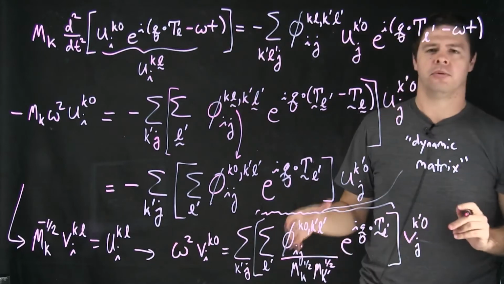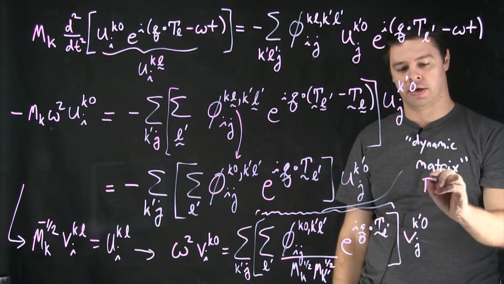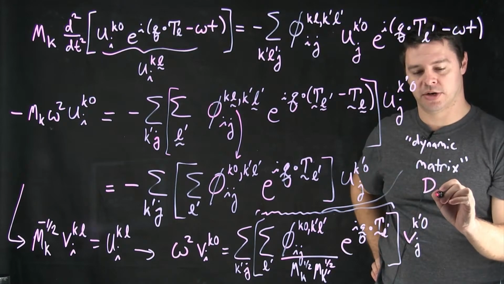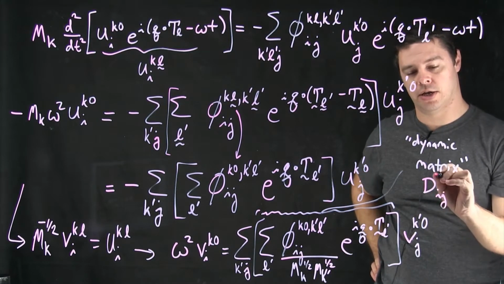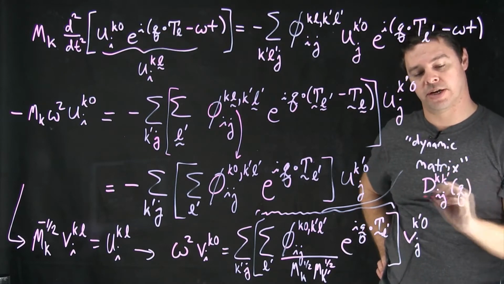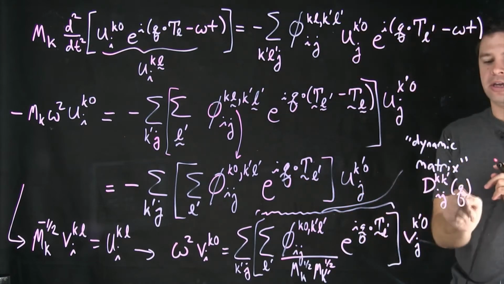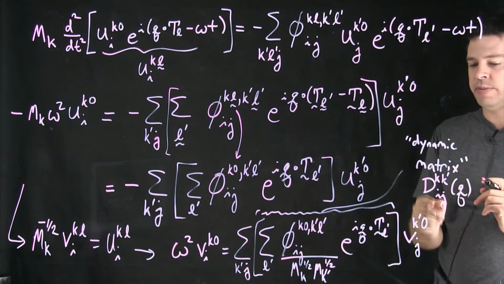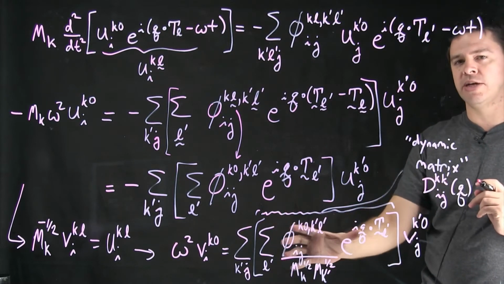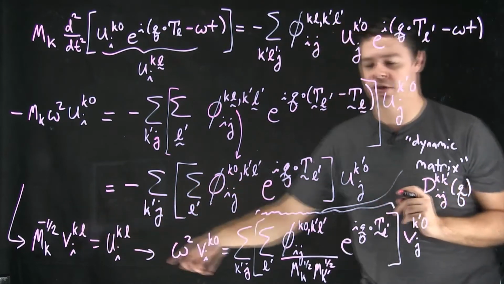So what I have here is something that I'll call the dynamic matrix. It's usually written like this. I'll write it as D_ij k k prime, and in principle that thing depends on what value of Q you take. But for a given value of Q, this is a matrix, and in fact it's a symmetric matrix, which is the reason we made this change of variable.